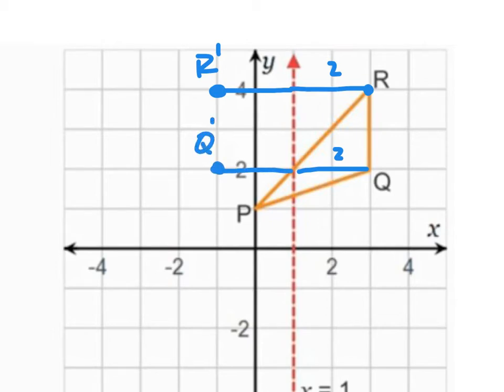All right, then we have point P here. This is the weird one because now it's on the other side. I'm still going to go, well, how far away is it from my line of reflection? And it's a length of 1. So I'm then going to extend that out to the other side and plot my point P prime. And then all I do is connect my points R prime to P prime, Q prime back to R prime.